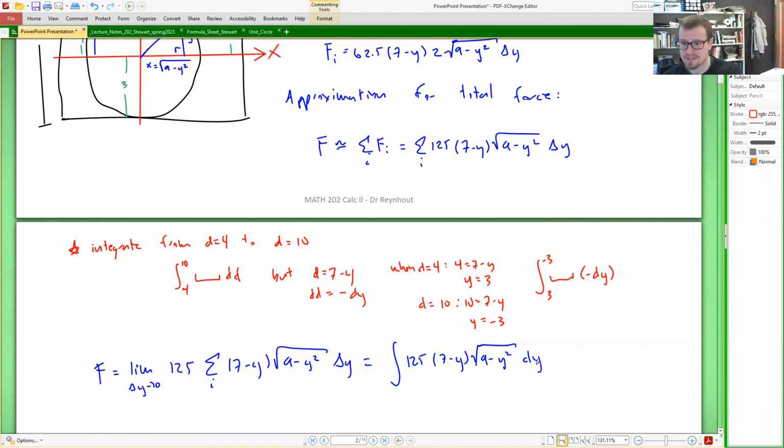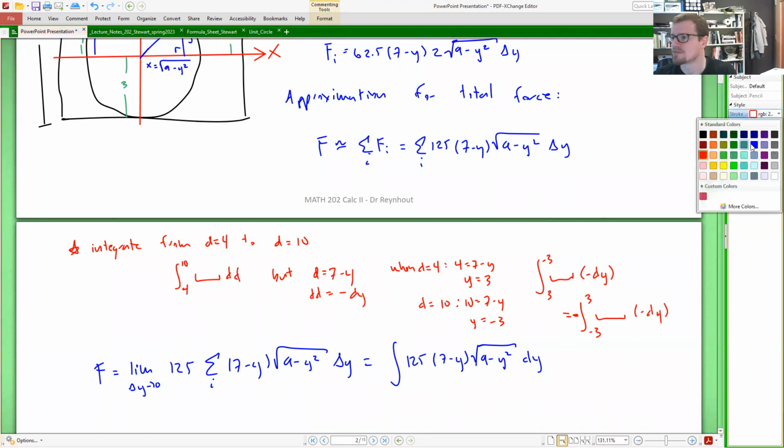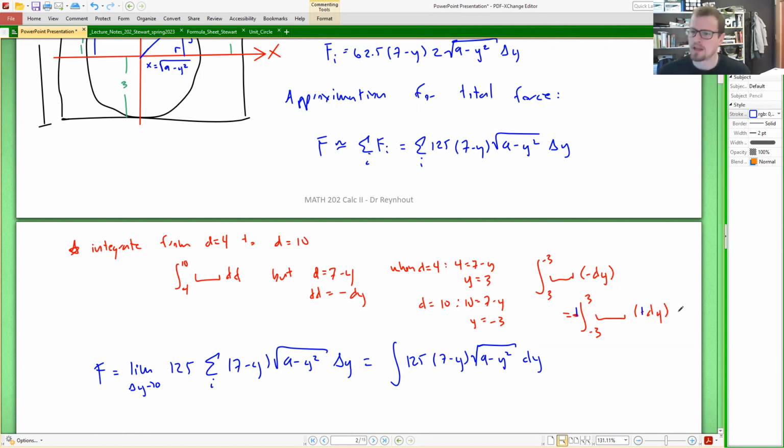So I don't have a negative dy here. So I make one more substitution. When I change the order of my integration, when I want to integrate from negative 3 to positive 3, that introduces a negative sign, still integrating the same thing. And then this stays a negative dy, but very conveniently, the negatives cancel out, so we end up with positives.